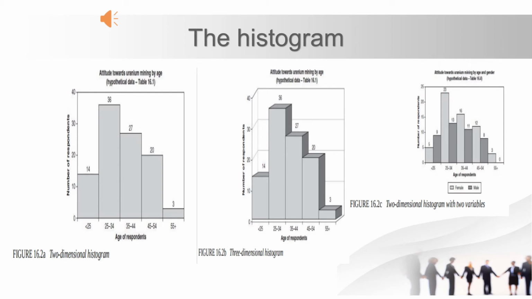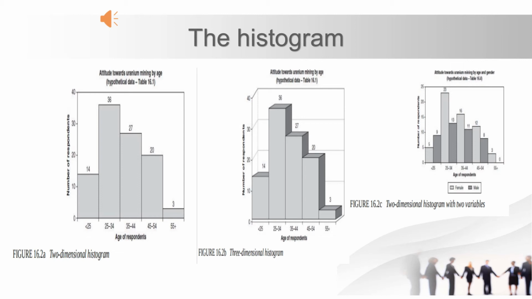The height of the bars in the histogram represents the frequency of each variable. It can be drawn for both categorical and continuous variables. So when interpreting a histogram, you need to take into account whether it is representing categorical or continuous variables.